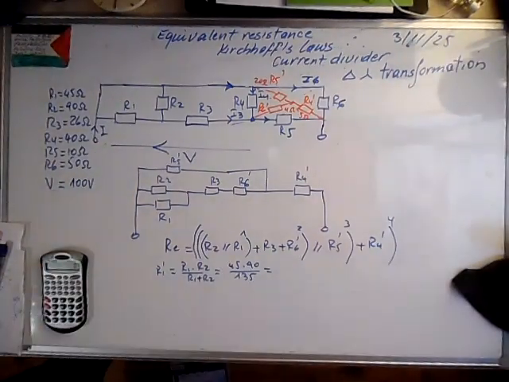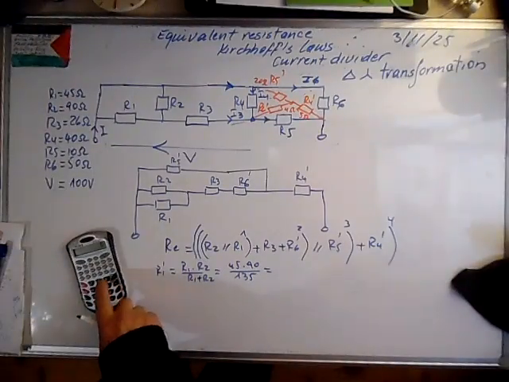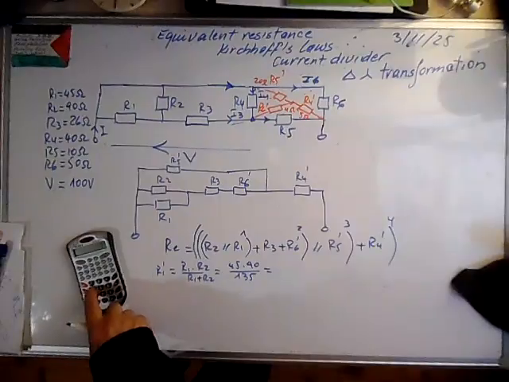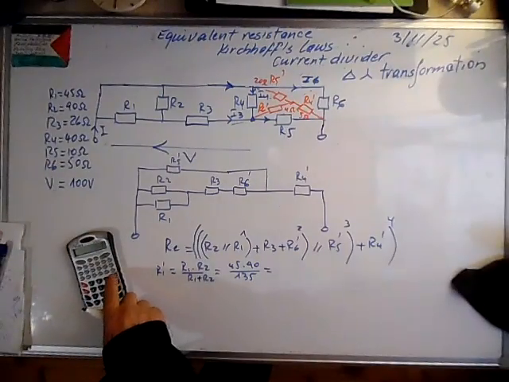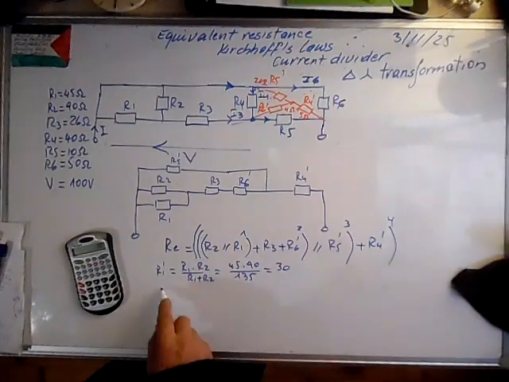Let's do it again. Okay, this is 90 times 45 over 135. This is 30.